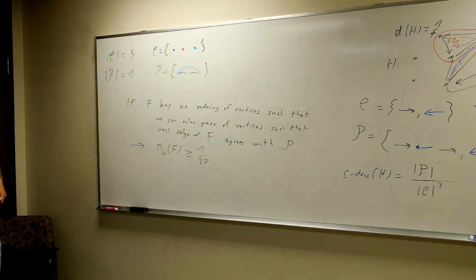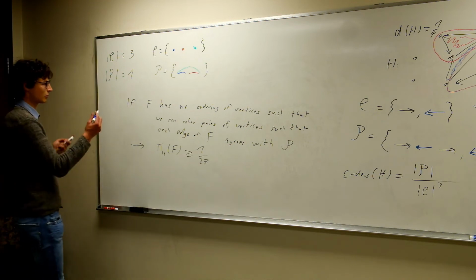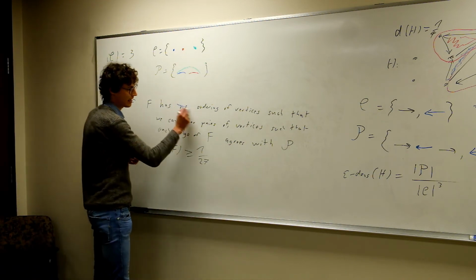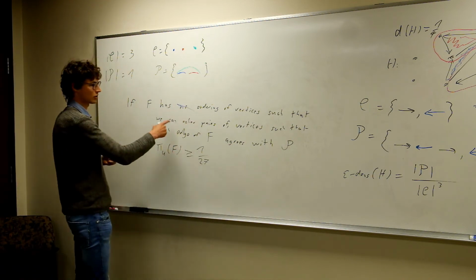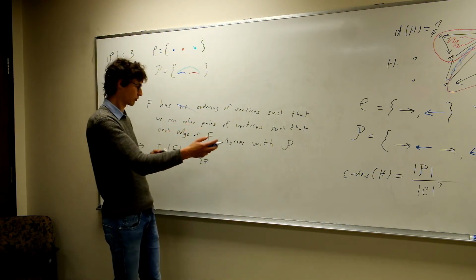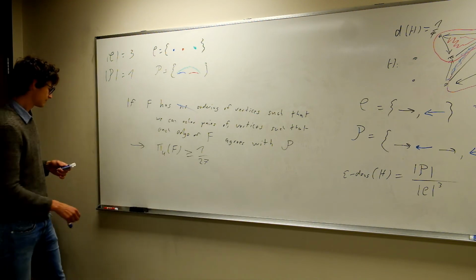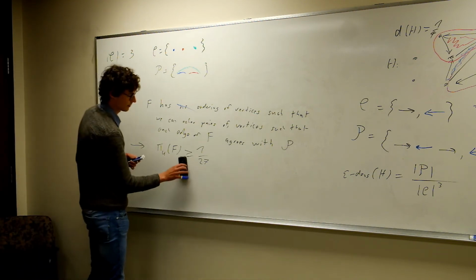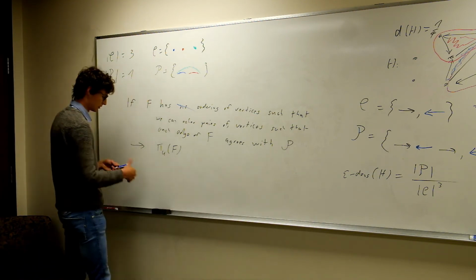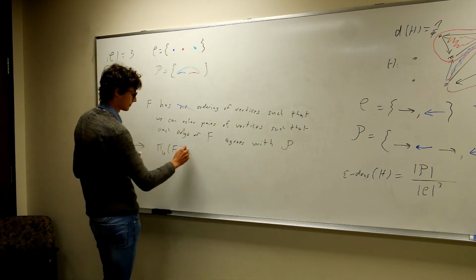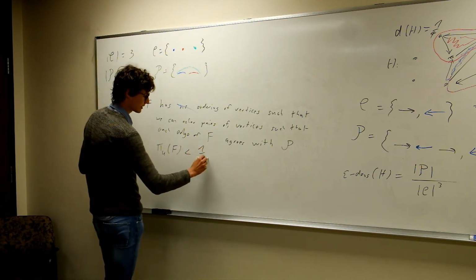And what if it's the other way around? So if F has an ordering of vertices such that we can color the pairs of vertices so that they agree with all of this, then we know that this value is smaller than 1 over 27.